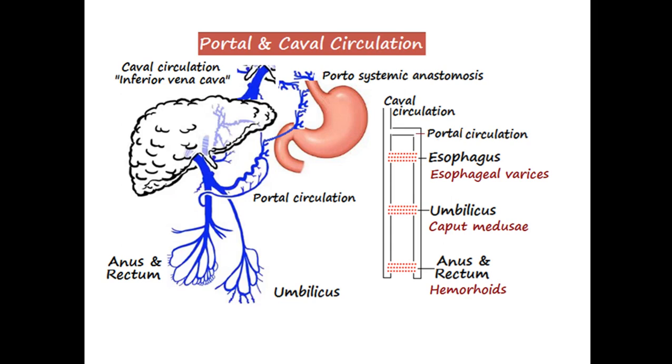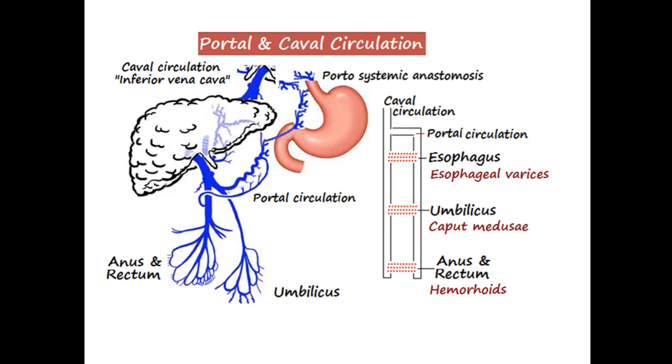And all these things are further processed and metabolized in the liver, so as to make them ready for use by the body. So this circulation is known as the portal circulation, and it is a little different from the caval circulation, in that in portal circulation, the portal vein, after originating from the gastrointestinal tract, breaks down again into small vessels in the liver.